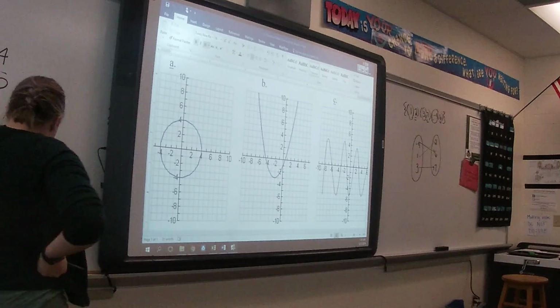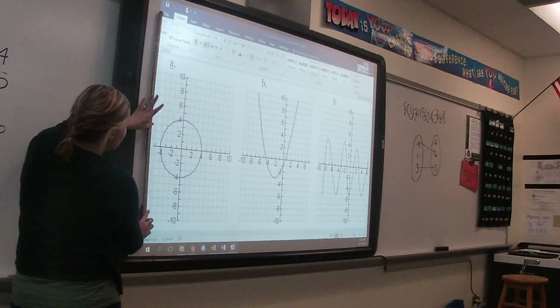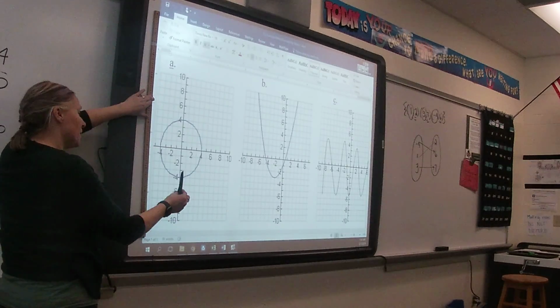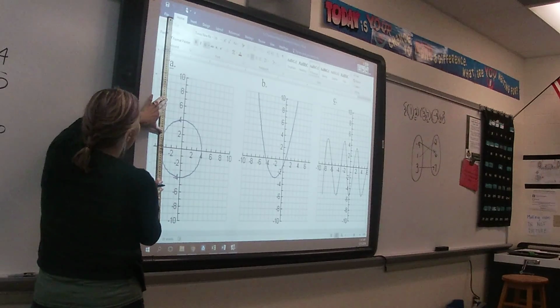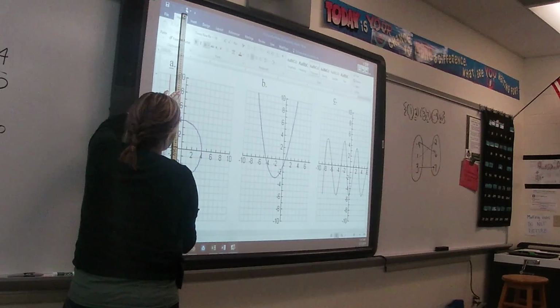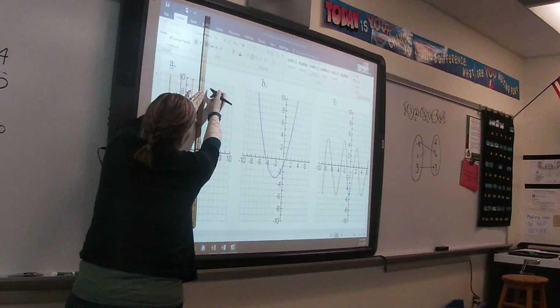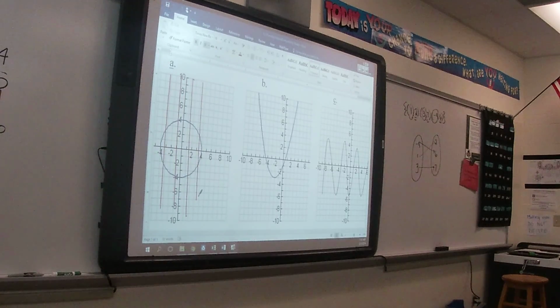You can't just imagine a single vertical line. So I tell students, set your pencil down or the edge of your folder and imagine vertical lines across this graph. You have to imagine infinitely many of them going across.